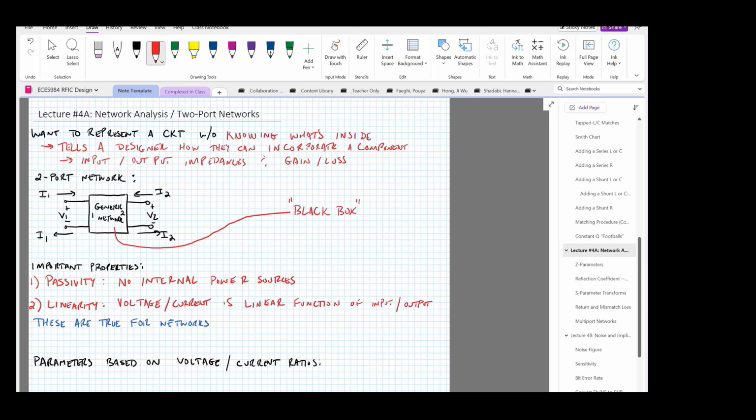These are generally true for networks with no active circuits. And what we mean by an active circuit is generally a circuit that has a transistor in it, although there are other nonlinear circuits that don't have transistors, like diodes, but generally we're talking about transistors.